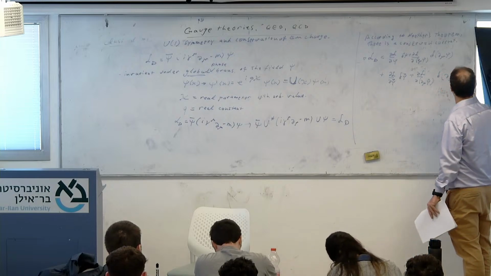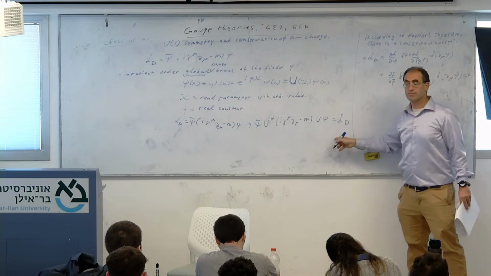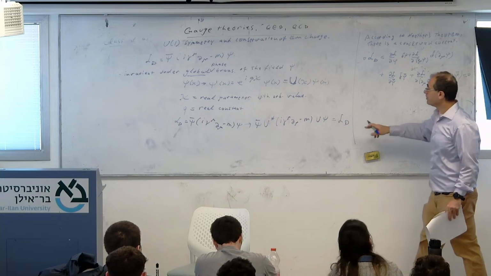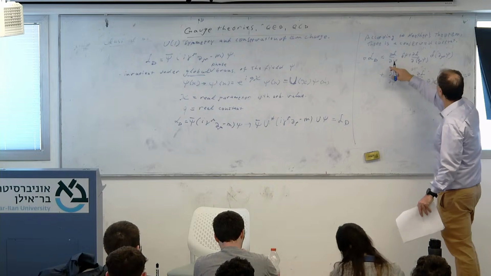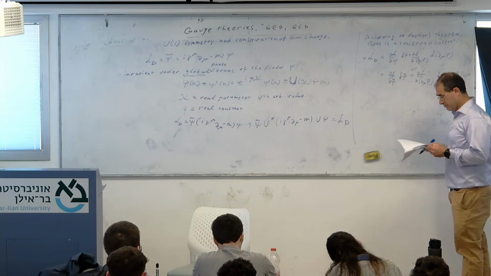Why? Because the Lagrangian is invariant. Because the Lagrangian is invariant, when I make a small change in the Lagrangian, I get a 0.